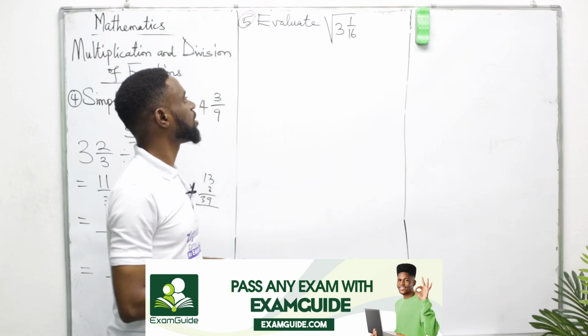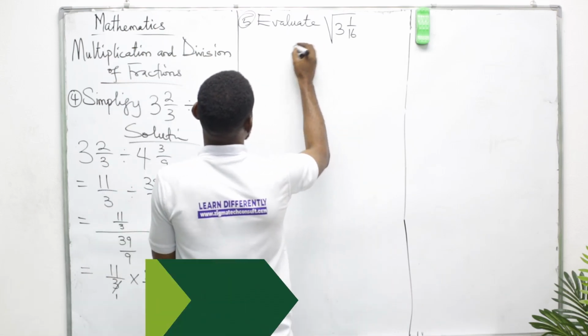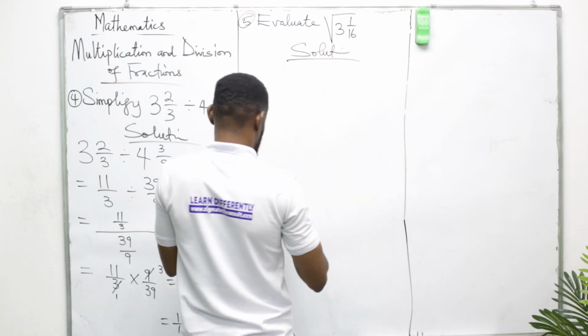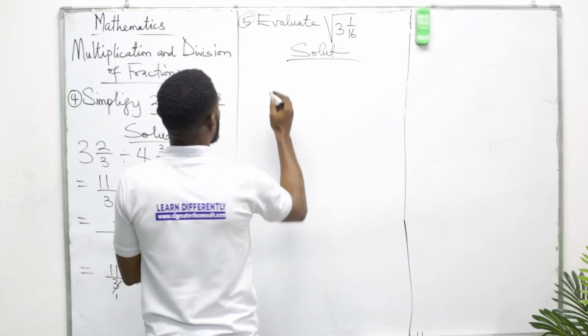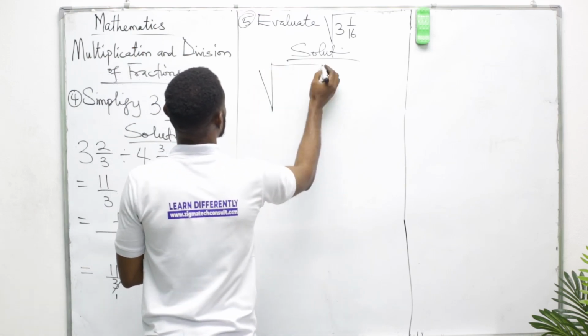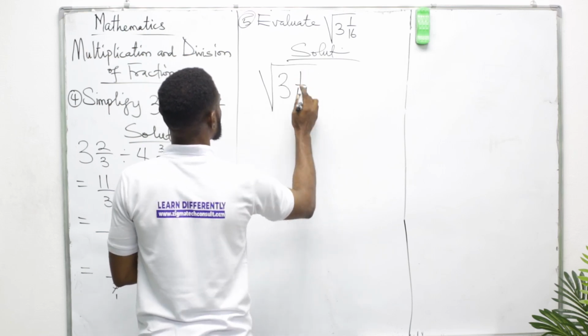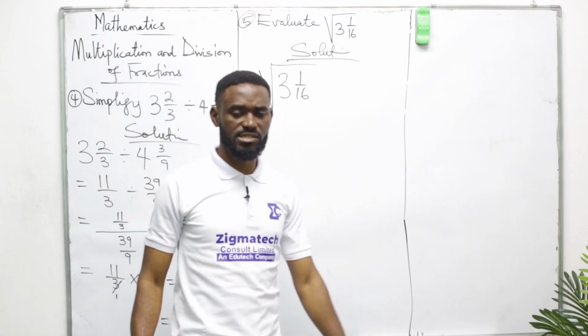Okay. This is a division question, so let's see what it is. Application of the division question and square roots and squares. All right. So we have the square root of 3 whole number 1 over 16.